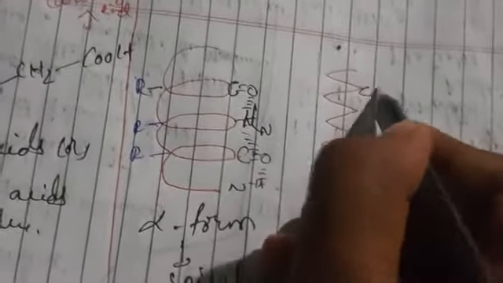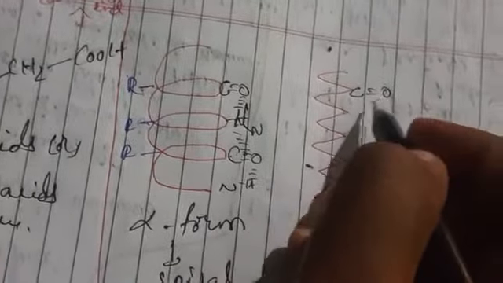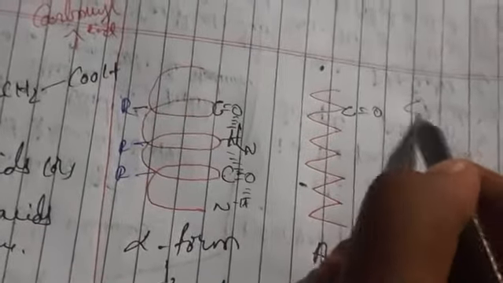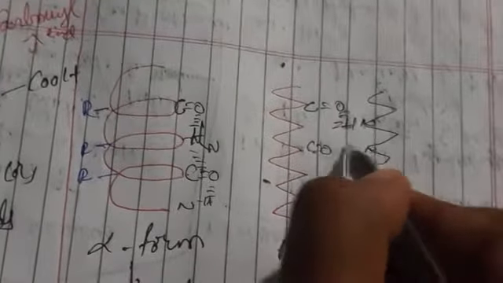These are R groups, alkyl groups. Again here C double bond O, again NH, so there will be hydrogen bonding like this in the alpha form. Coming to the beta form, here also C double bond O, and with one more strand, NH, C double bond O, NH, there will be hydrogen bonding in this type of structure. This is about the secondary structure.